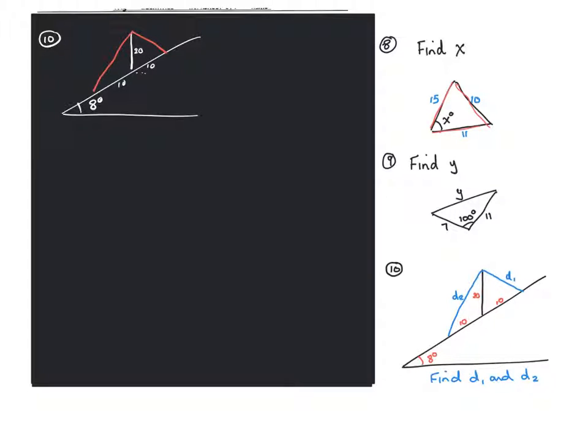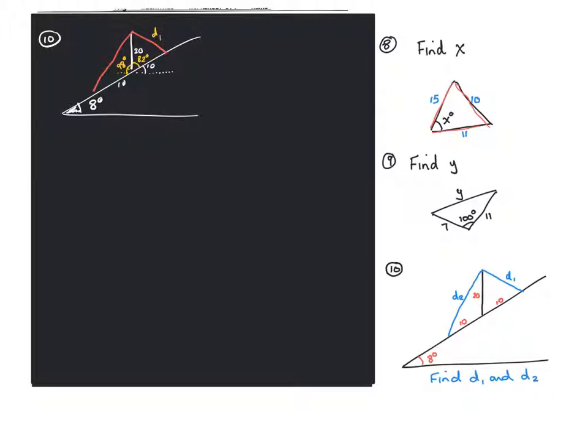What you do know is that this angle in here is equal to this one, 8 degrees. So therefore this angle in here is going to be 90 minus 8, 82 degrees. And therefore this angle here is going to be 8 plus 90, 98 degrees.